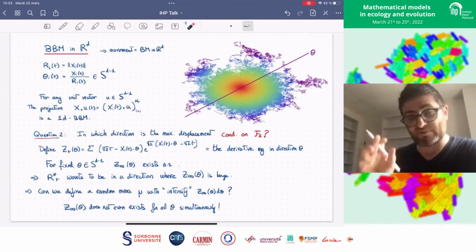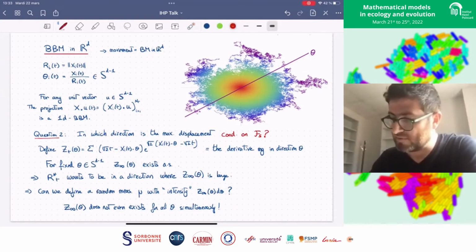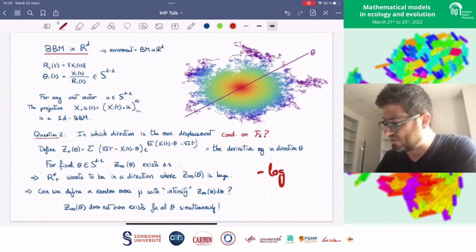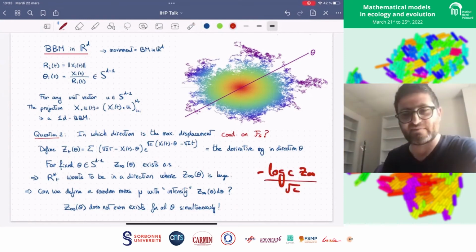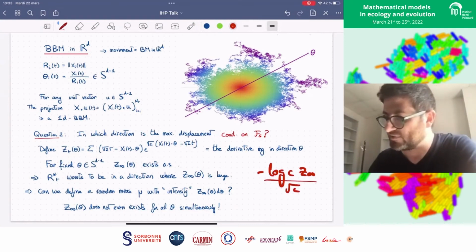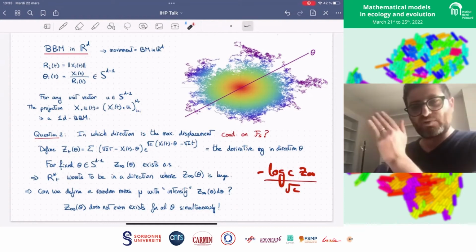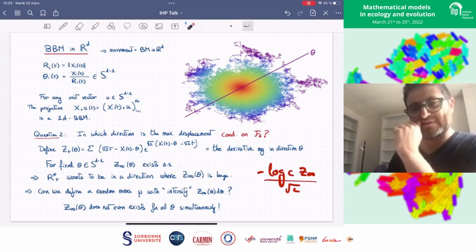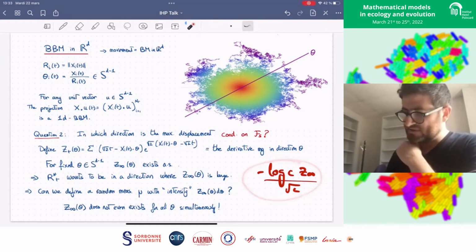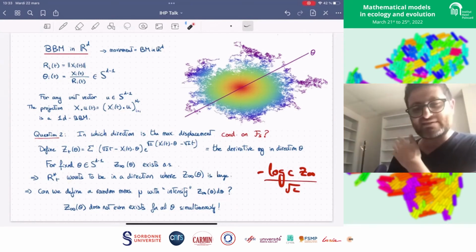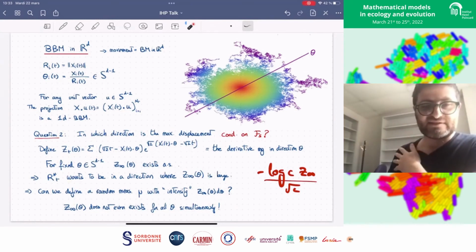Because you remember that minus log C Z infinity over root 2 was my lag that I never forget. And so it makes sense that you will more often find your maximal displacement in the direction where this quantity is large. So the question is, can we define a random measure mu on the unit sphere which will have some sort of intensity Z infinity of theta d theta?